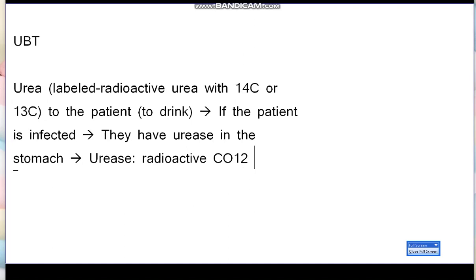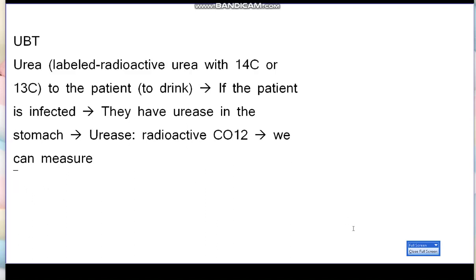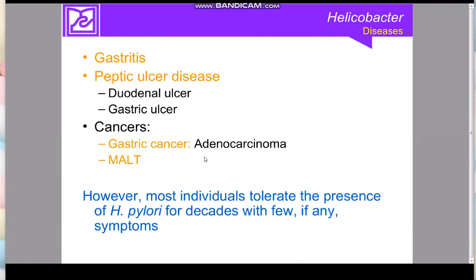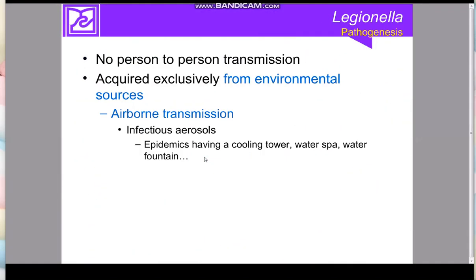We can measure this radioactive carbon. This is the urea breath test. It is very easy to do, and we do it many times. I did it myself when I was a medical student, and this is the most common. So this is the urea breath test for diagnosis.